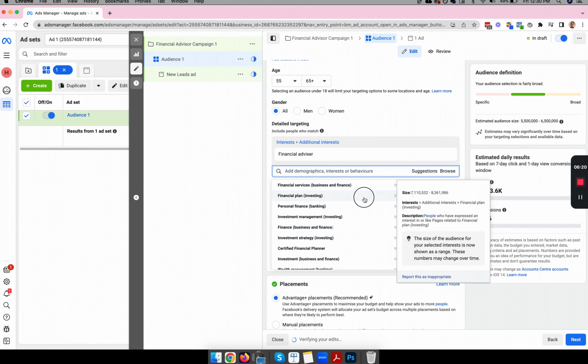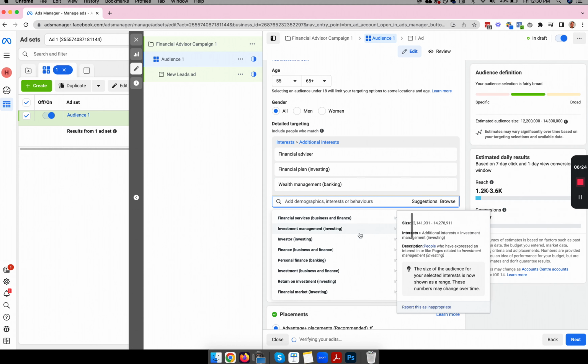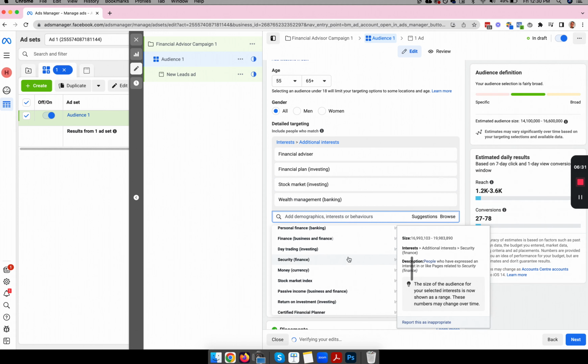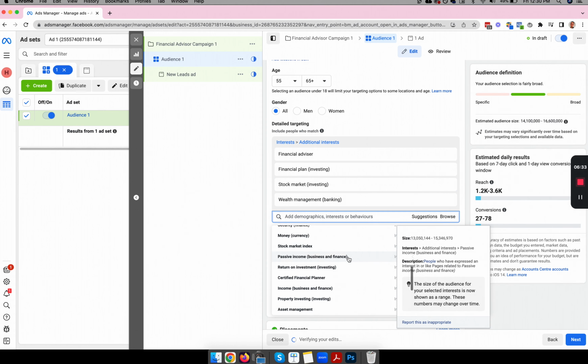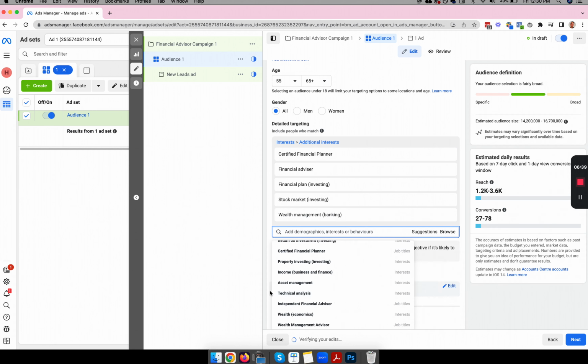Okay. Financial plan is a good one. Wealth management is a good one. Stock market is a good one. Certified financial planner is a good one. So you can go through this and see which ones are interesting and which ones are not.